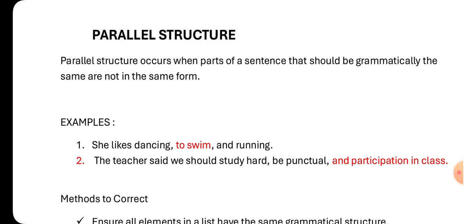Let's look at some examples. "He likes dancing, to swim, and running." You see, by adding "to swim" you have shifted the structure of the sentence. Even though it makes sense, it doesn't flow. The problem is parallel structure. Instead, say "He likes dancing, swimming, and running."